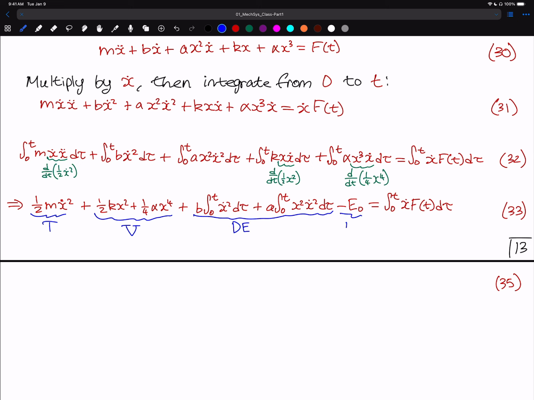This here is our initial energy. And then the last term is the work done from time 1 to time 2, or from 0 to t we should write actually. In fact, we'll do the same thing for the dissipating energy. This is from 0 to t. This is from 0 to t.